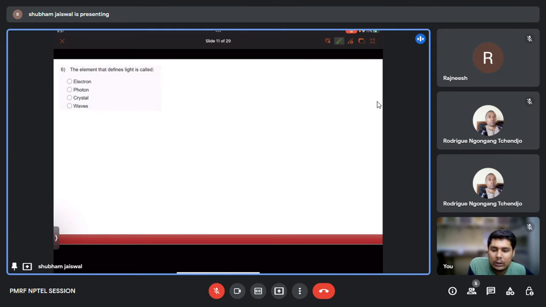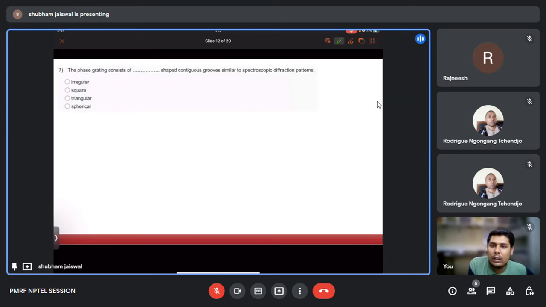As we have recapitulated what we have seen in the last lecture, in that also I clearly mentioned that the element that defines the light is known as the photon, the small energy packets.